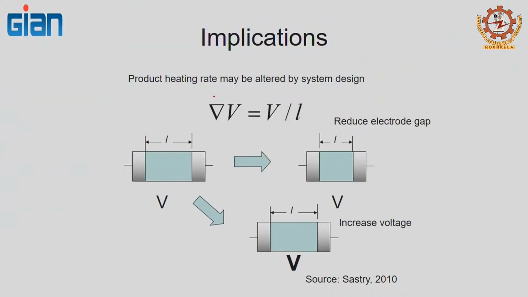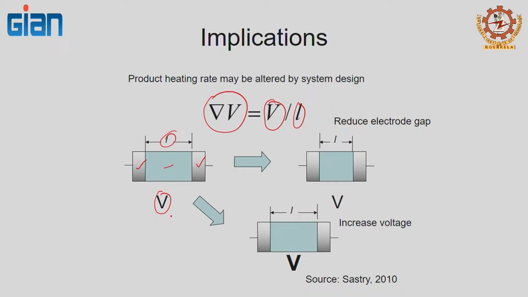This one also just illustrates how the voltage gradient is influenced by the voltage and the distance between the electrodes. So, you have the product here, and two electrodes, with a certain gap and a certain voltage. You can change the voltage gradient by increasing the voltage.